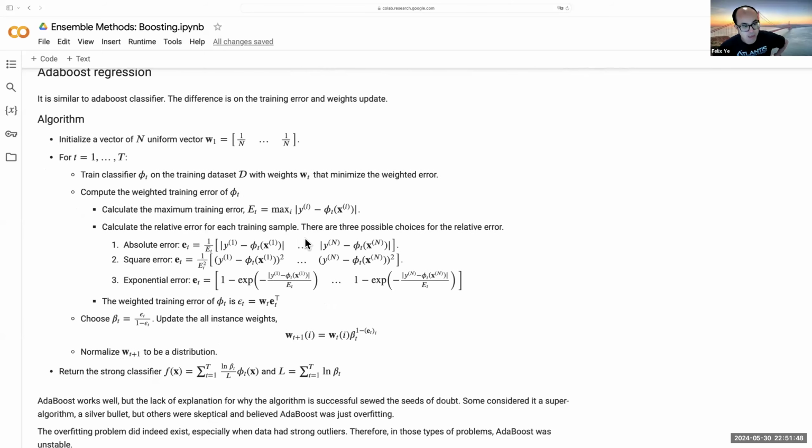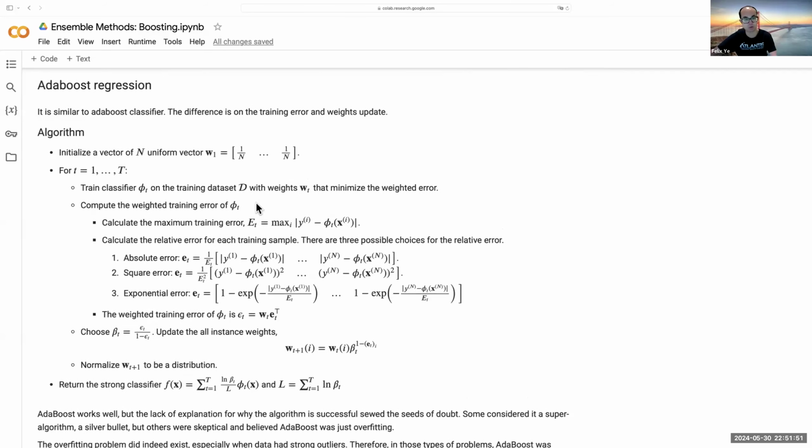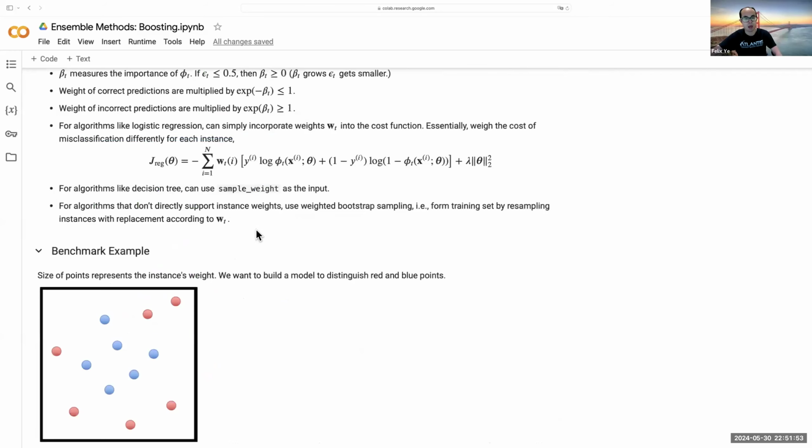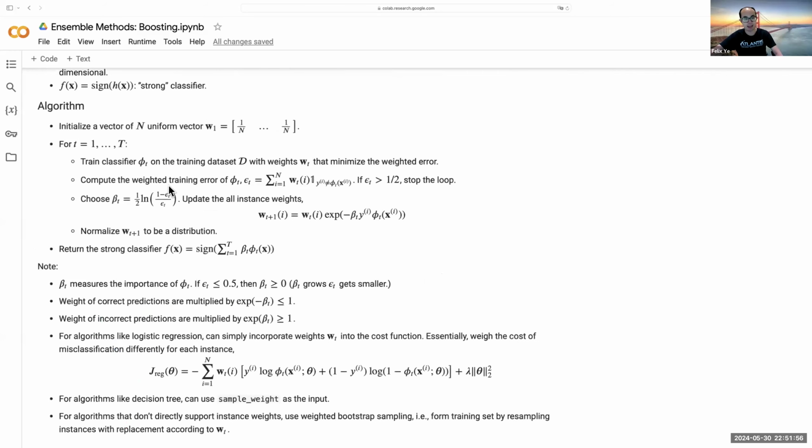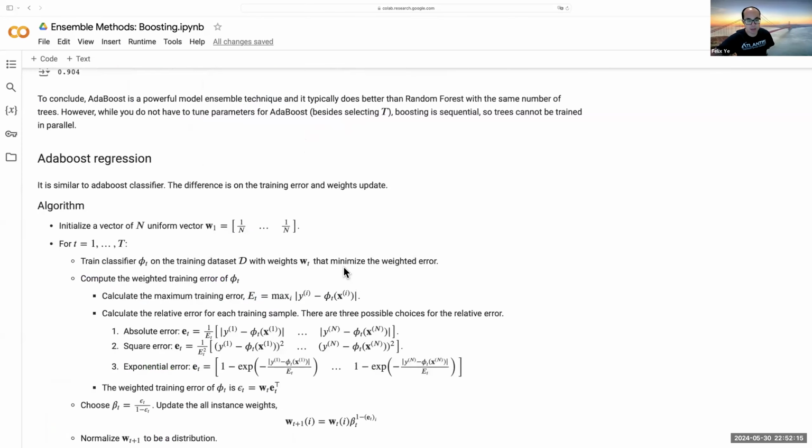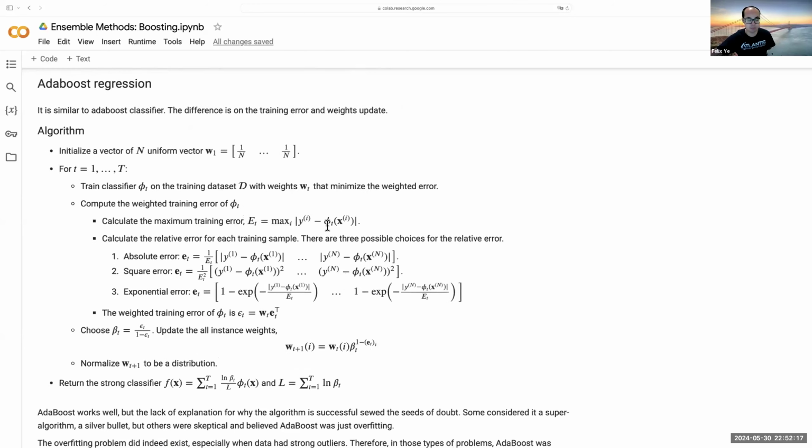But the difference is right here: instead of using the weighted error, which is where we count how many errors there are and then multiply by the weight, we can use other types of errors.